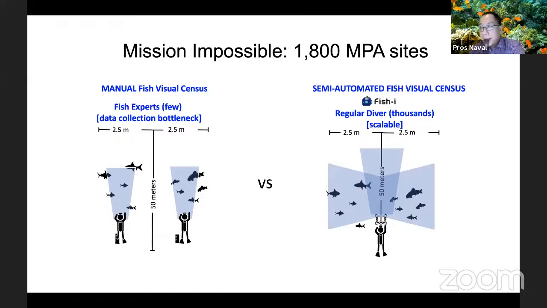So again, fish eye is a semi-automated fish visual census protocol that allows any licensed scuba diver without any specialized knowledge of fish to conduct a fish survey in a short period of time. So again, it is feasible to conduct fish surveys in all the 1,800 marine protected areas in the country.